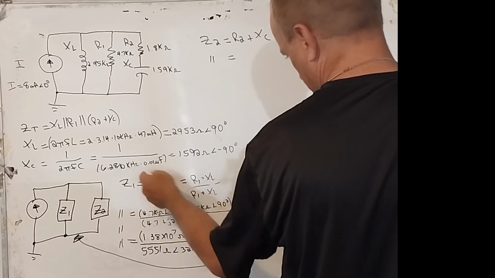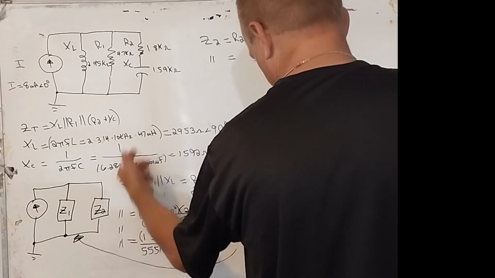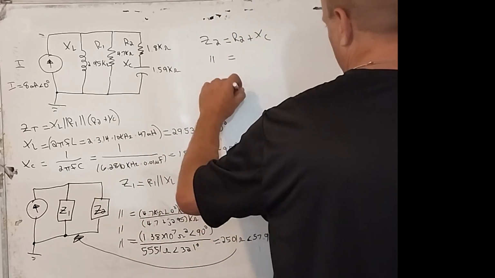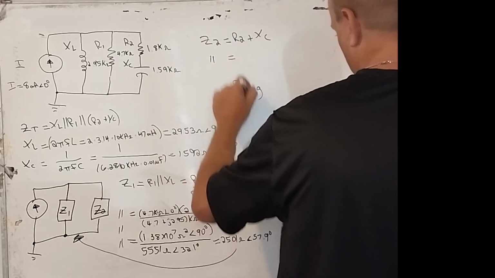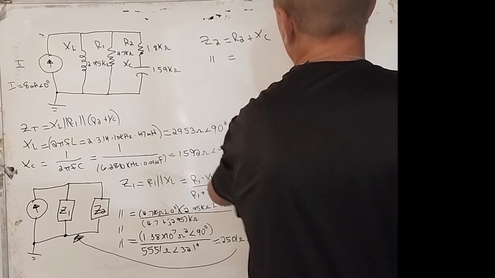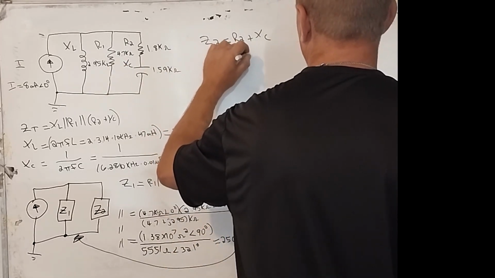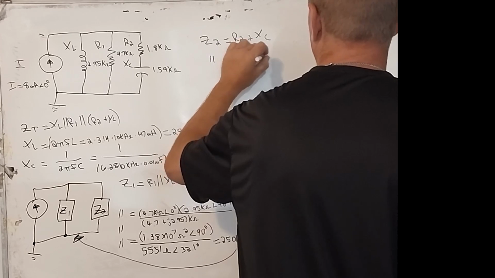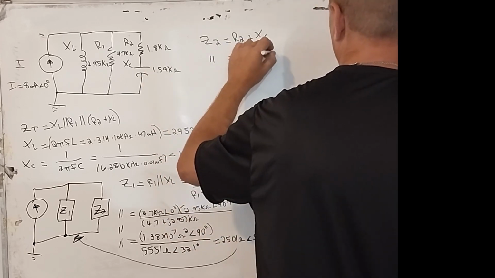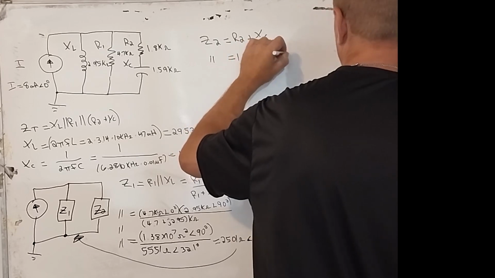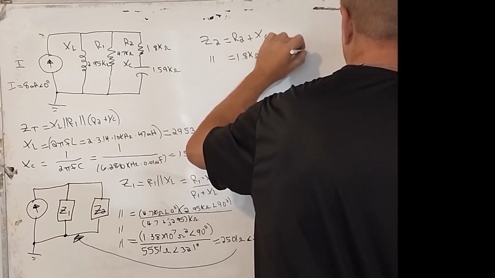So this whole equation is consistent, and this means that it's just repeated above. So if you got some big equation like P average, for instance, I'm gonna keep writing that down. And wouldn't make sense. So R2 is 1800 ohms, and we're gonna add that to j of negative 1.59 kΩ.